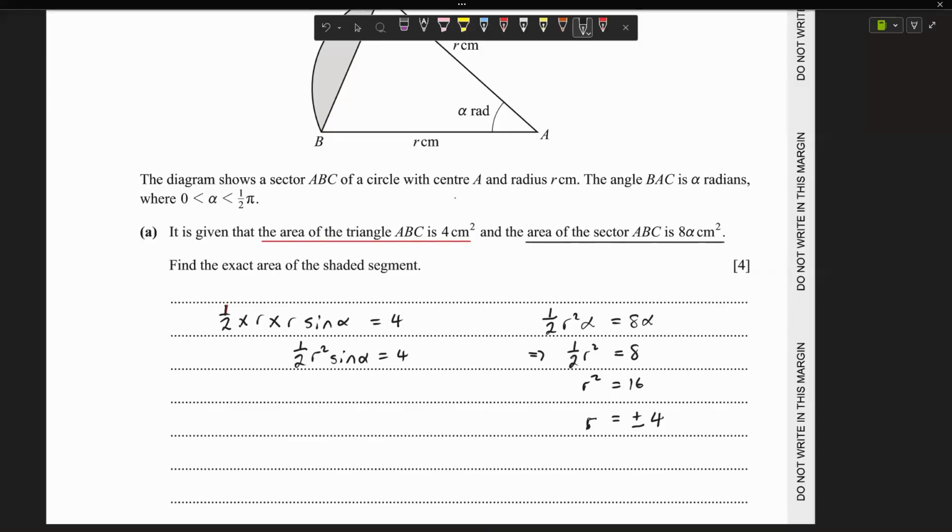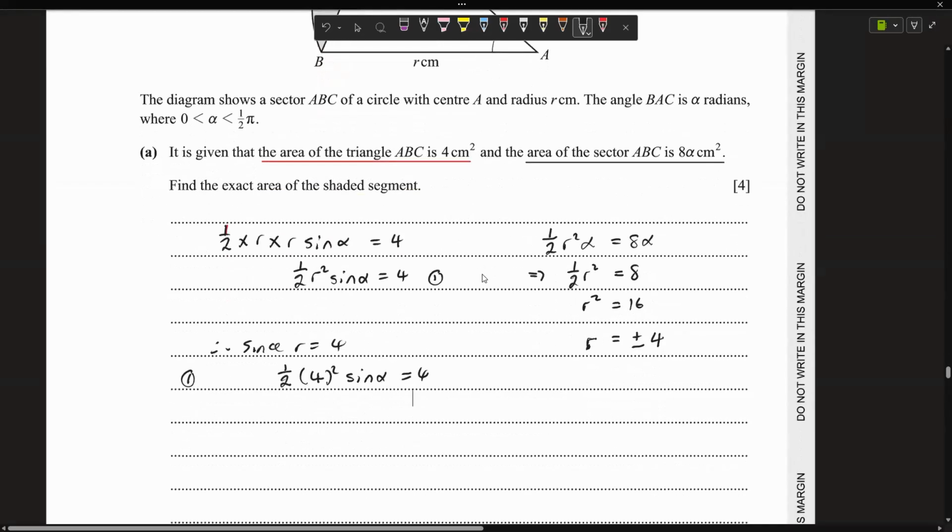So we can find alpha using this. Since r is equal to 4, from equation 1, it's half of 4 squared times sine alpha is equal to 4.